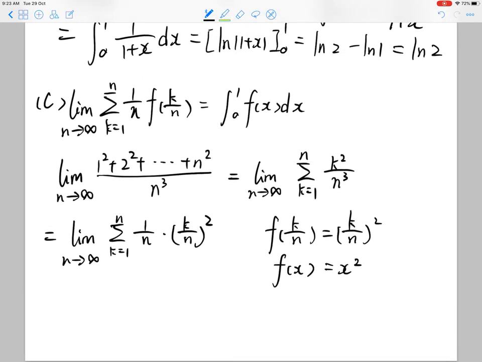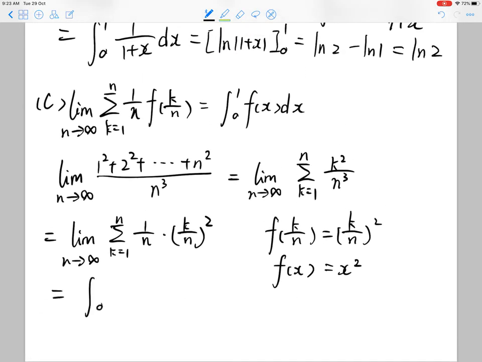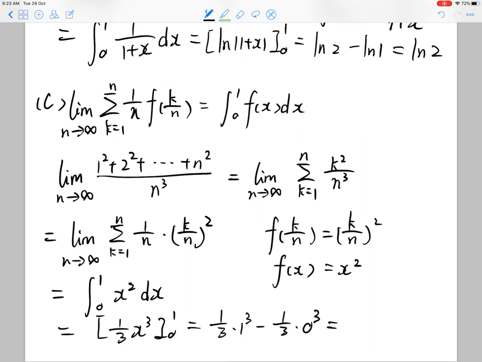So this part is exactly the integration of x squared from 0 to 1. So it is 1 over 3 x cubed from 0 to 1, which is this.